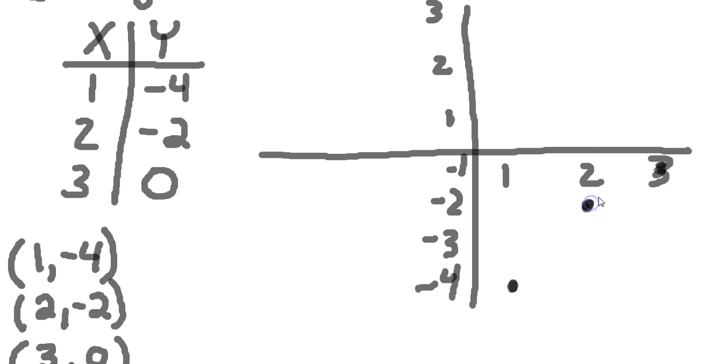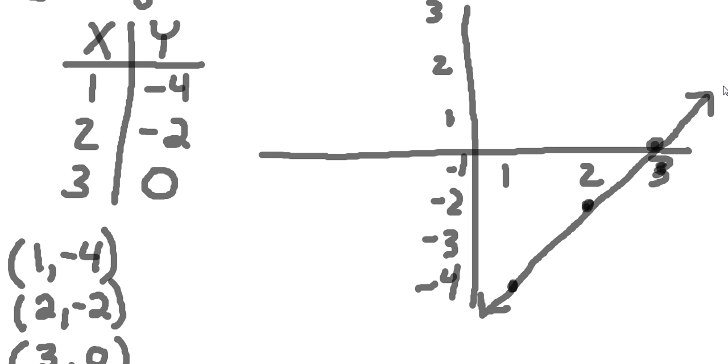And lastly, we have our last point at 3, 0. We move from the origin 3 units to the right and up 0, so this one's on the x-axis. You can draw a line through these points, or use a wiki stick, or stick pins in and put a rubber band around it.